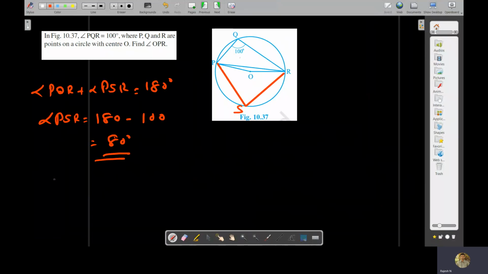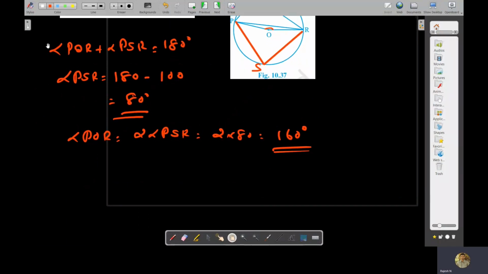If angle PSR is equal to 80 degree, what is angle POR? POR is this angle. This angle is double. That means 2 into angle PSR. 2 into 80. What is 2 into 80? 160 degree. But in triangle OPR, OP is equal to OR, radius of the same circle.